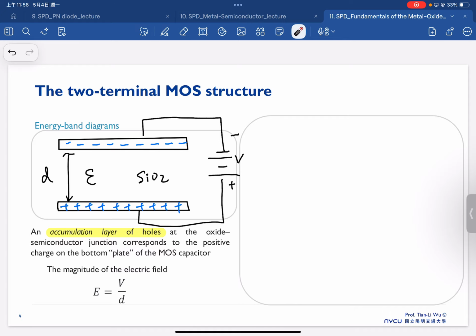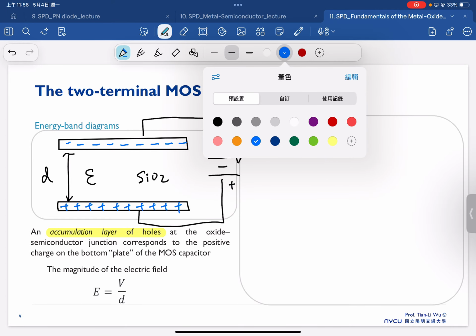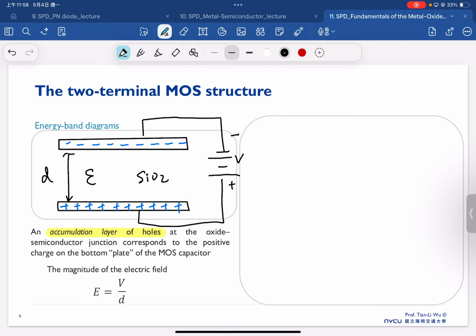This will be similar to our real MOS capacitance, where we have a p-type substrate, on top of the p-type substrate we have the dielectric, and on top of the dielectric we have the metal.